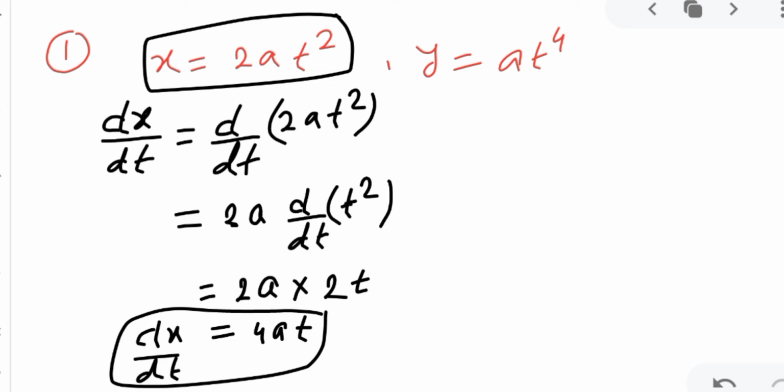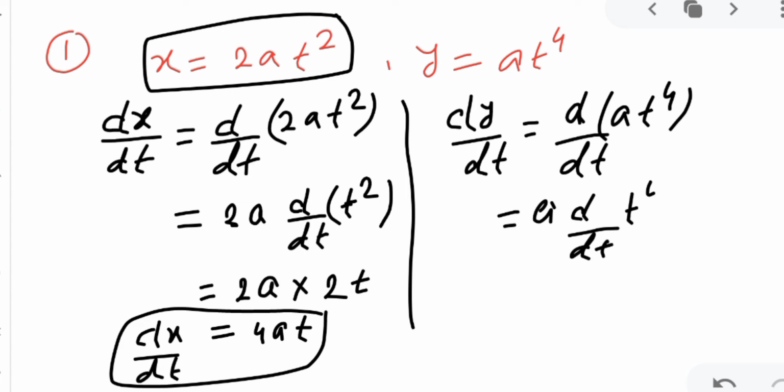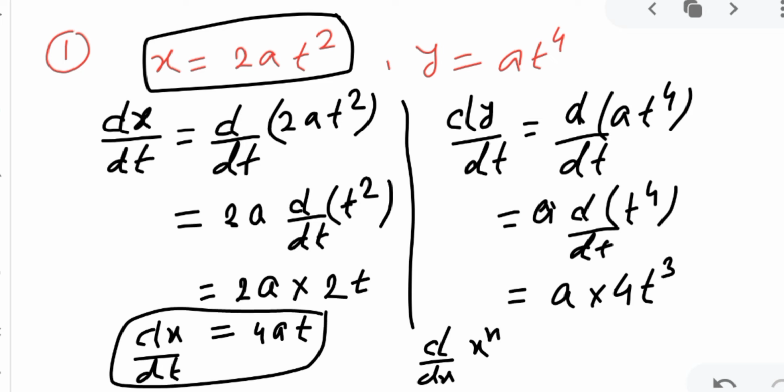Similarly I will find the derivative of y with respect to t. So d upon dt of y, and y is nothing but a t to the power 4. Since a is constant, a will come out, and the derivative of t to the power 4 is 4t cube, using the formula d upon dx of x to the power n is n into x to the power n minus 1.